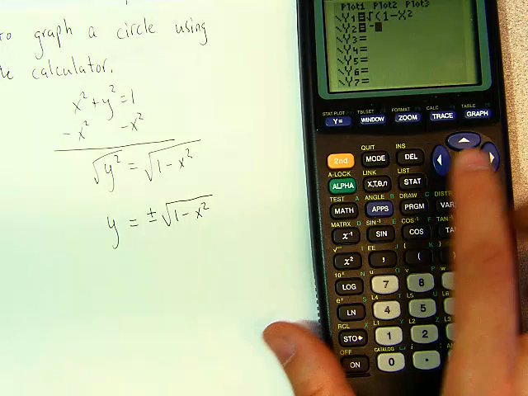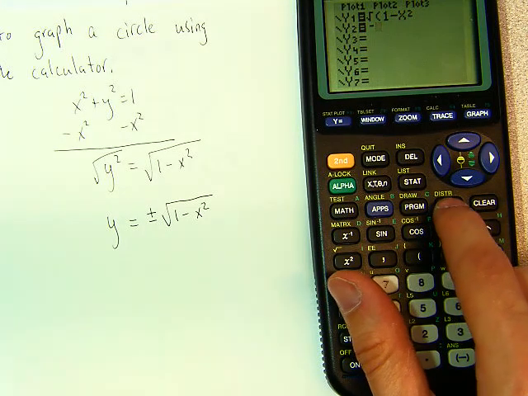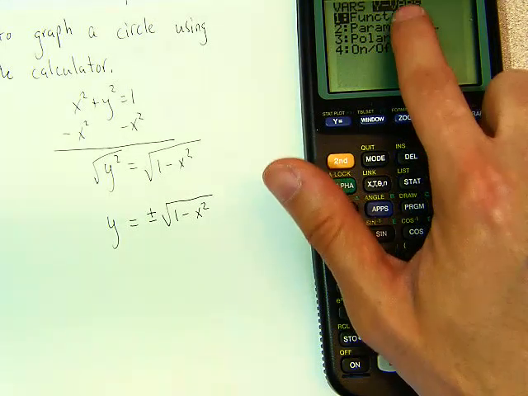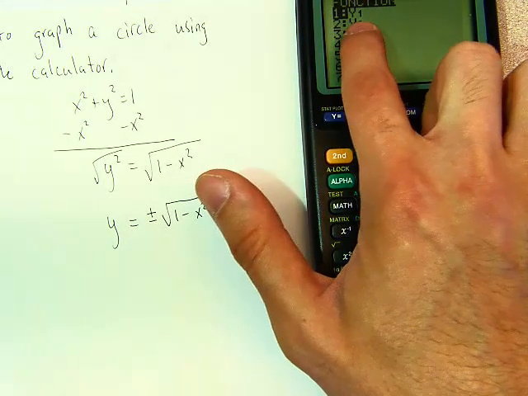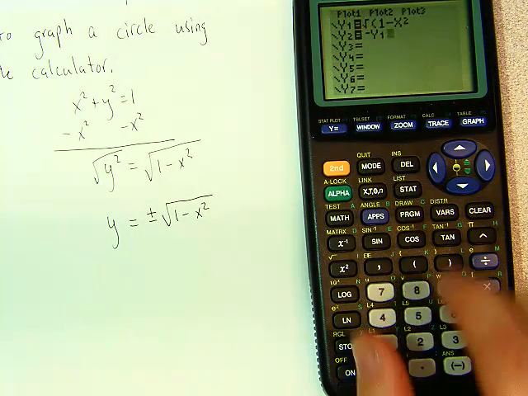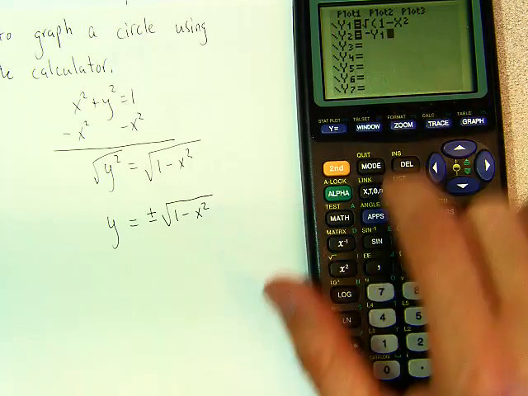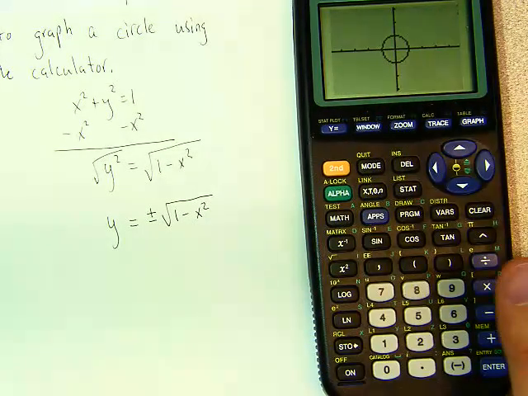To do that, you go to the vars command from a long time ago. So you go vars, yvars, function, enter, and you see you're entering that y1 function. And now once we graph it, it'll give us the whole circle, okay?